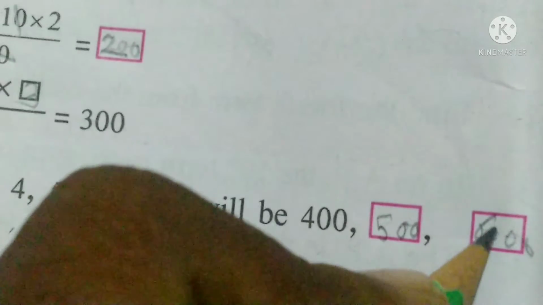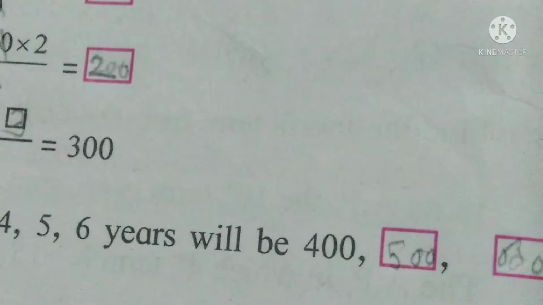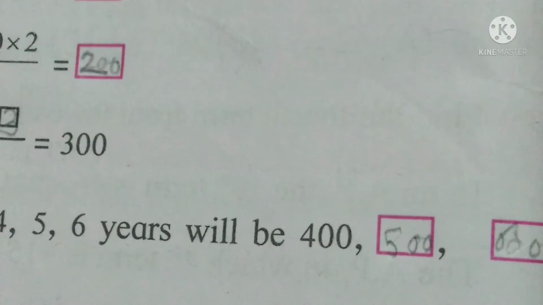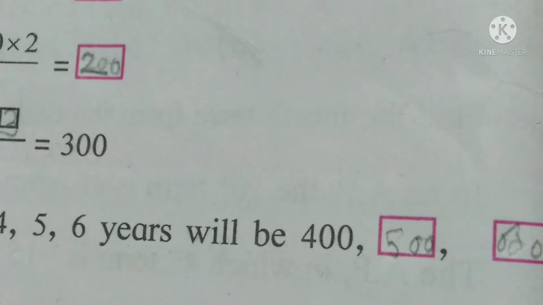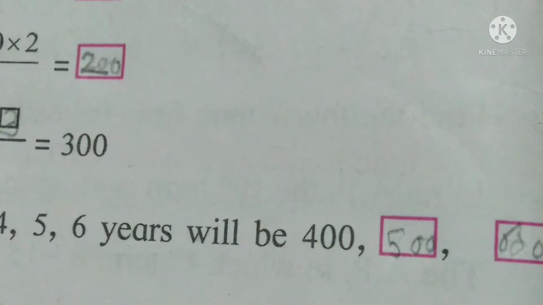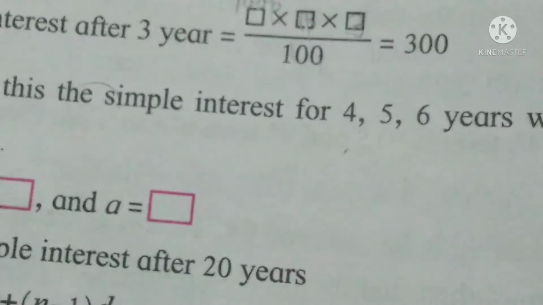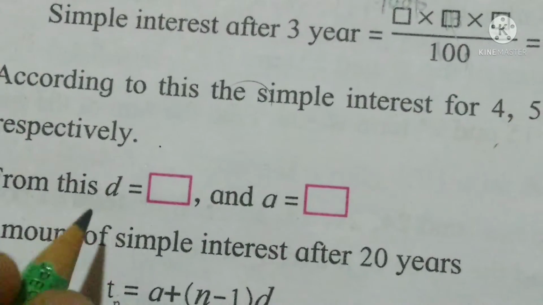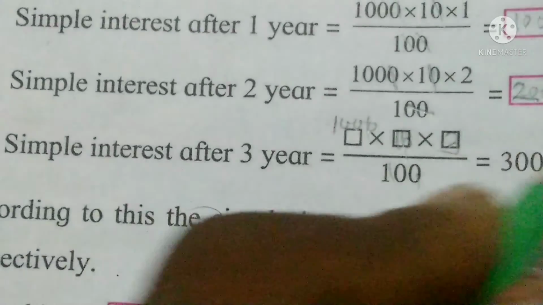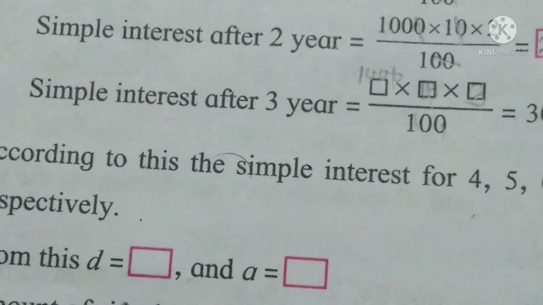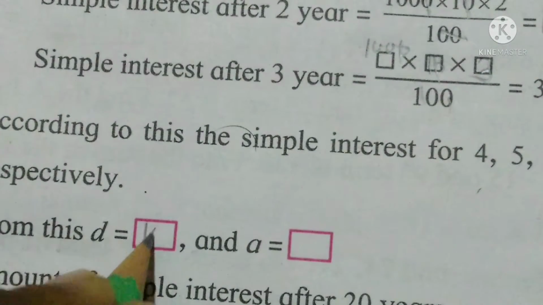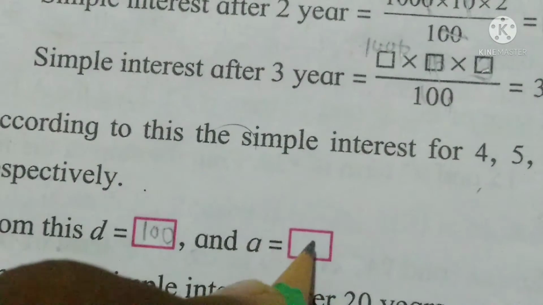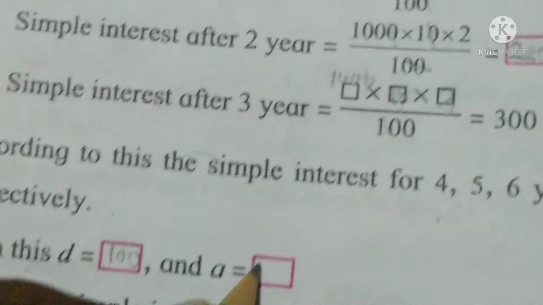Means first year 100, second year 200, third year 300, fourth year 400, fifth year 500 and sixth year 600. Respectively, from this d is equal to 200 minus 100, which is 100, and a equal to the first year, 100.